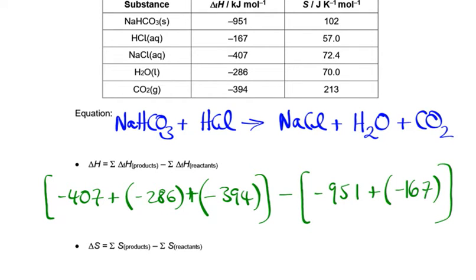So those are the numbers that we'll put in. They're given in the table there. Have a go at putting that in your calculator. And we should have got 31, and that's kilojoules per mole.